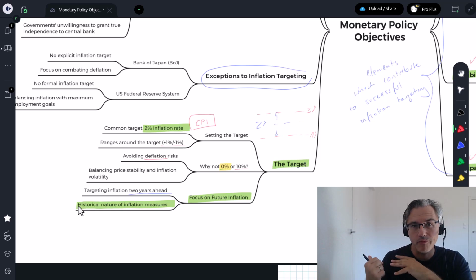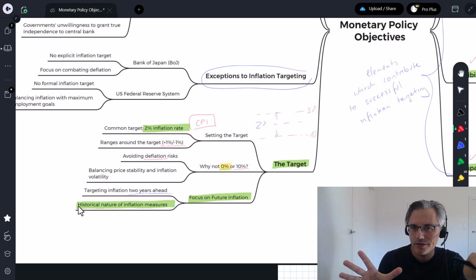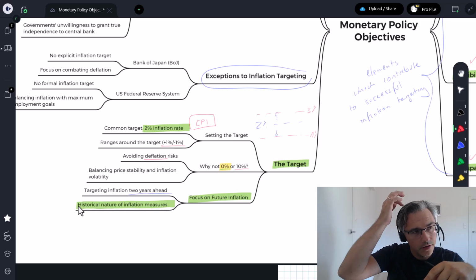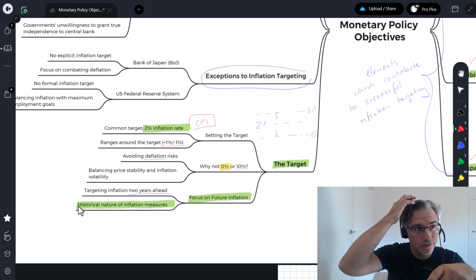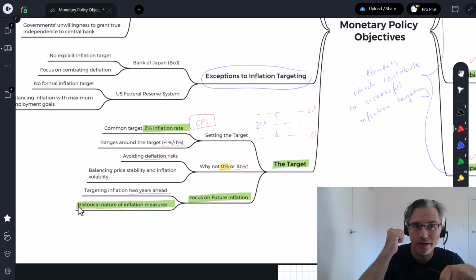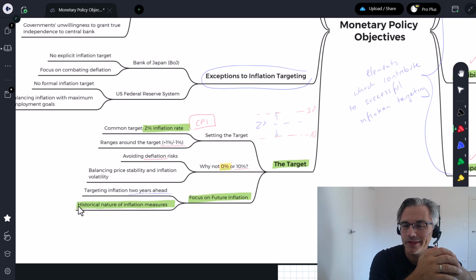So you're looking backwards at conditions over the last year, typically. And this is similar to the notion of driving a car whilst looking in the rear-view mirror. You're seeing what happened and trying to make decisions based on this.